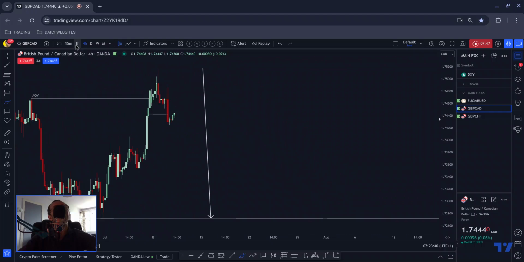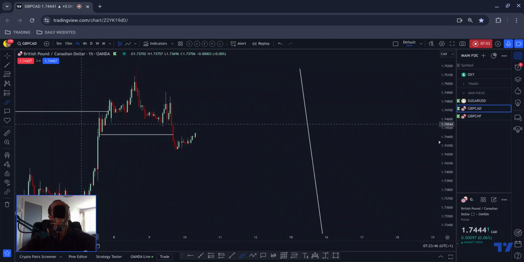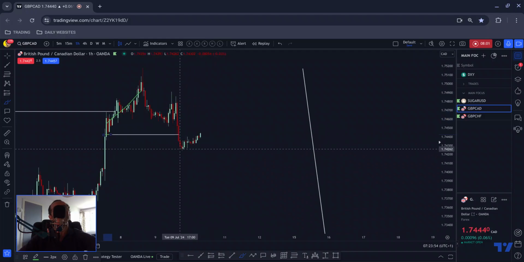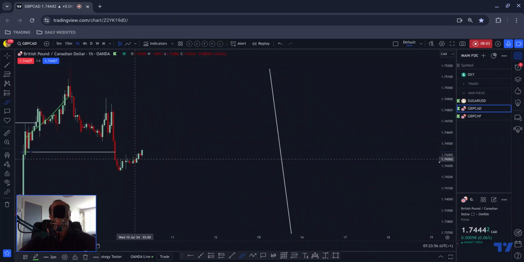Okay, so you can see we're pulling up there. So we've had the impulse down, heavy bodied candle, which broke below the base of all of this. So you can see where this consolidation started there. Okay, we had all this consolidation. The base of it was there. Okay, and we've broken below and consolidated. So price will often pull back to the base of the consolidation, which you can see it appears to be doing now.